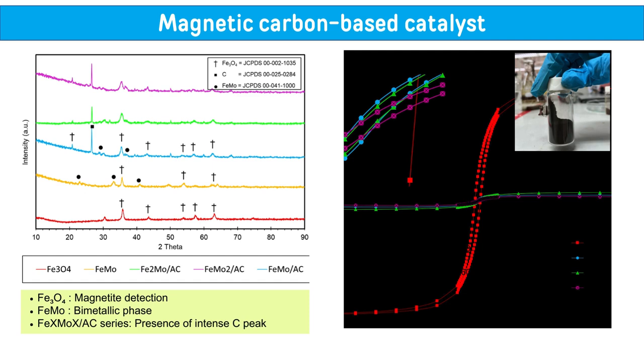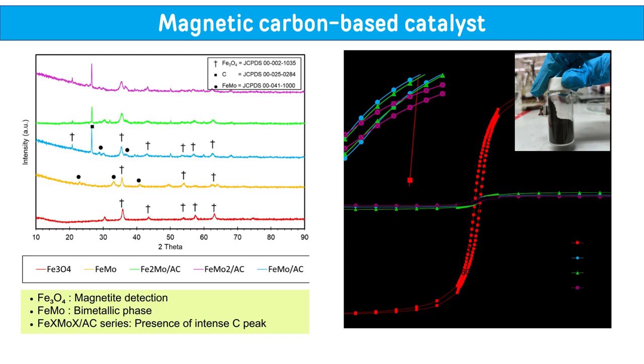Also do note that the crystallite size of Fe3O4 reduced when we add activated carbon. This is most likely due to the high dispersion of active metals on activated carbon, which results in the reduction of crystallite size.